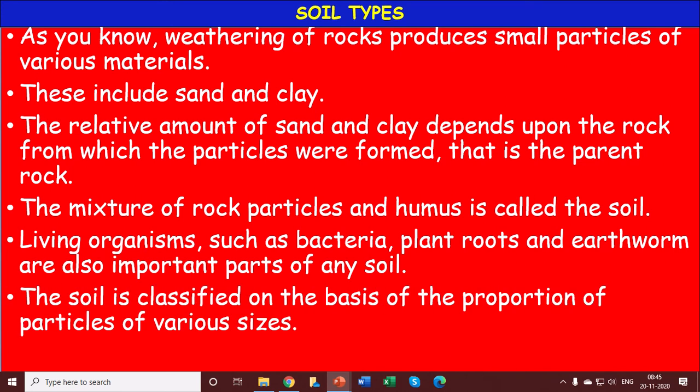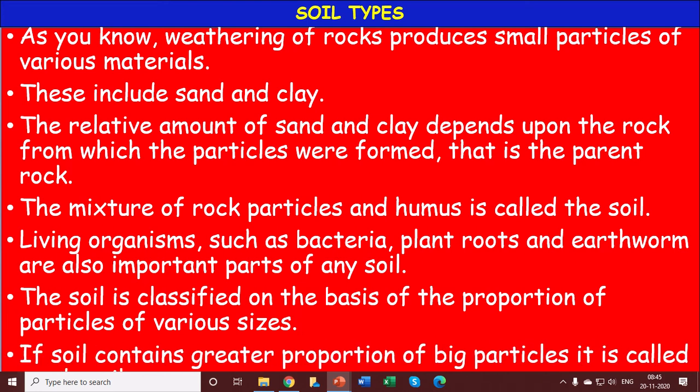The soil is classified on the basis of the proportion of particles of various sizes. Soil composition depends upon the size of the particles present in it.